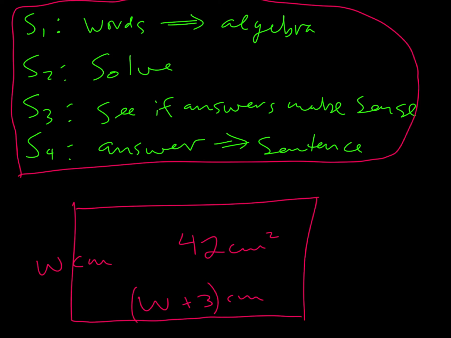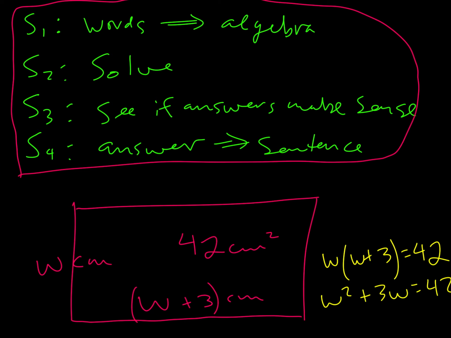Alright, now hopefully you guys remember that the area of a rectangle is length times width. And so if we do W times W plus 3, that should equal 42. So we distribute that, we get W squared plus 3W equals 42.